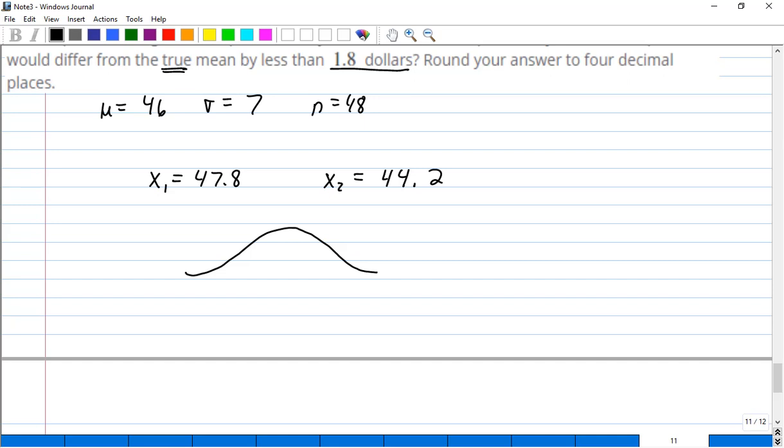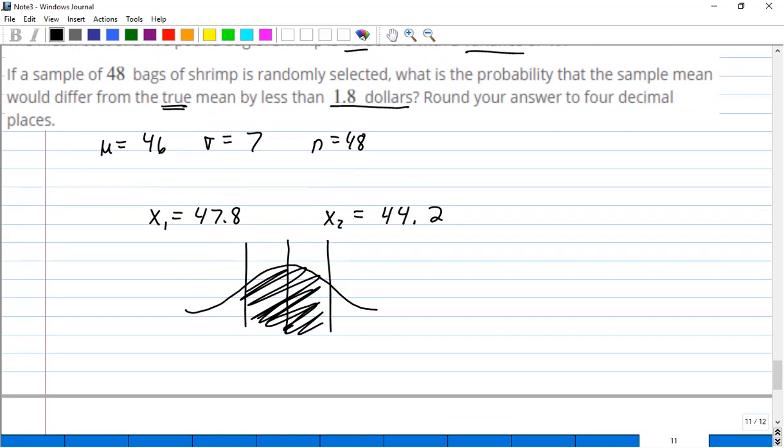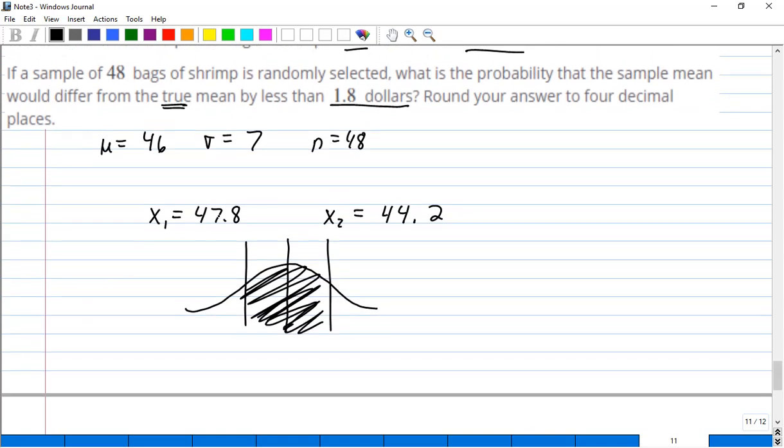And that represents the probability. So we're going to get a z-score on the right side, and we're going to get a z-score on the left side, and then we're going to figure out the area between the two, and that's going to give us the probability that the sample mean would differ by less than $1.8 by saying 1.8 above the true mean and 1.8 below the true mean.